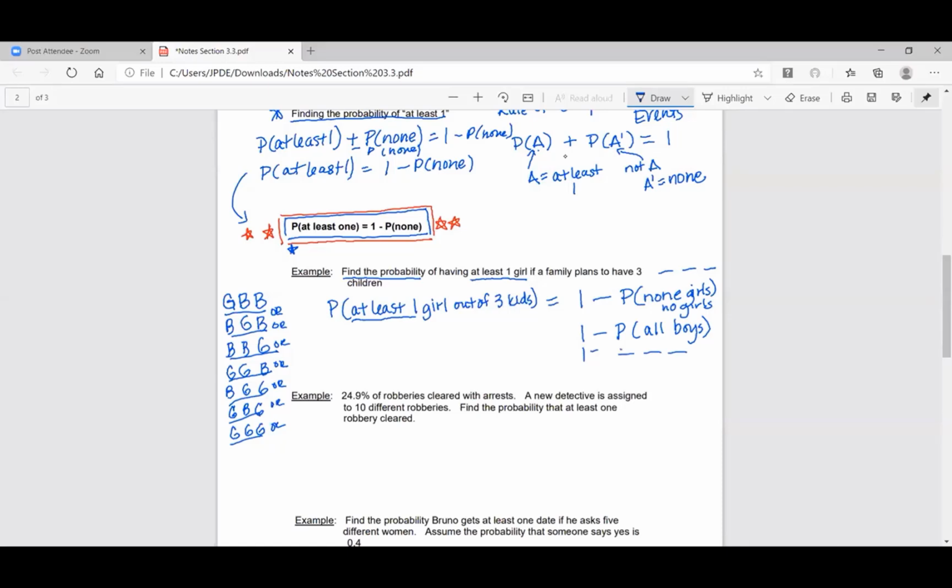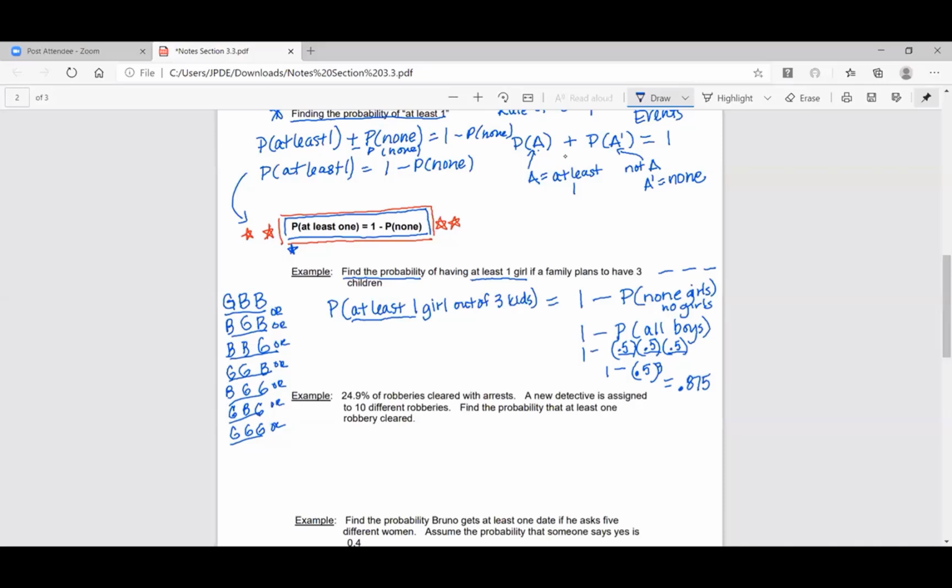What's the chance that the first one's a boy? 0.5. What's the chance that the second one's a boy? 0.5. What's the chance that the third one's a boy? 0.5. 1 minus 0.5 to the third. This is first one's a boy and second one's a boy and third one's a boy. 1 minus 0.5 to the third. 0.875.